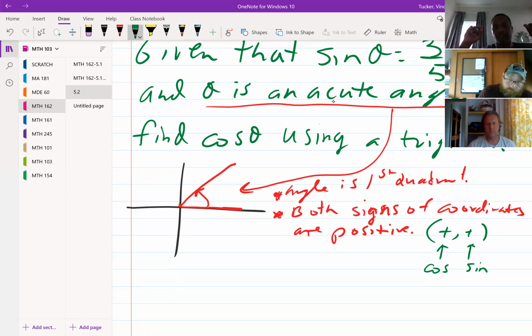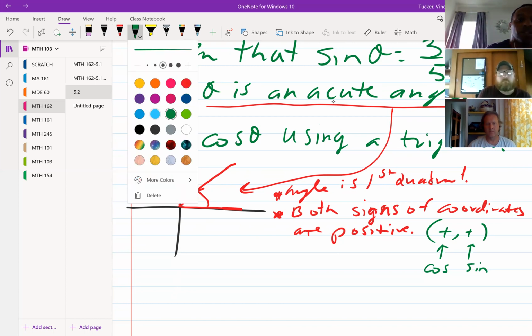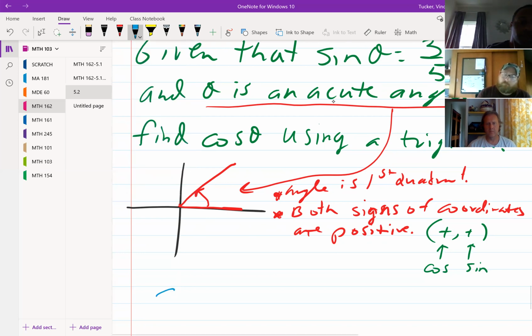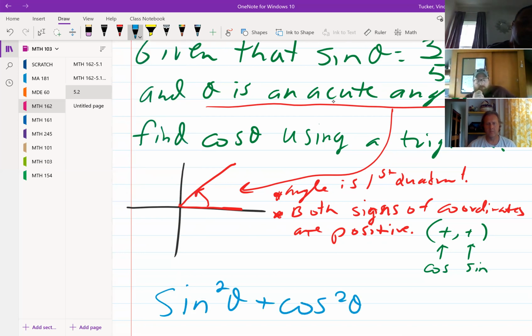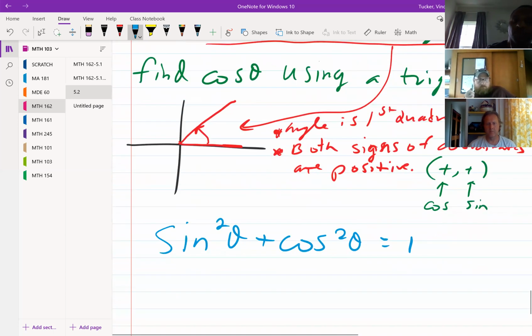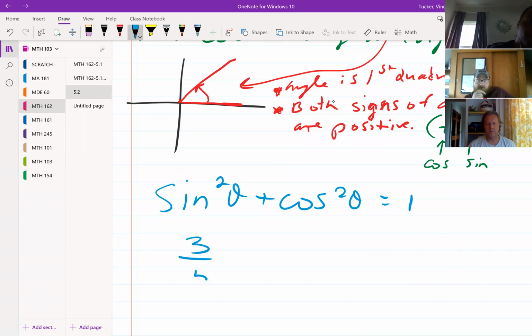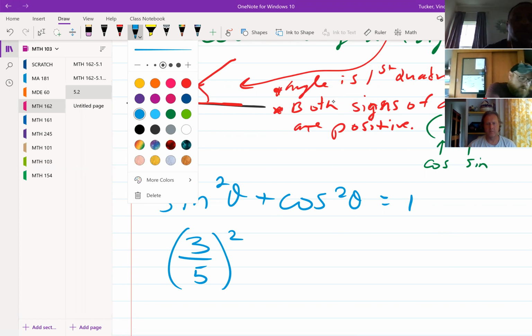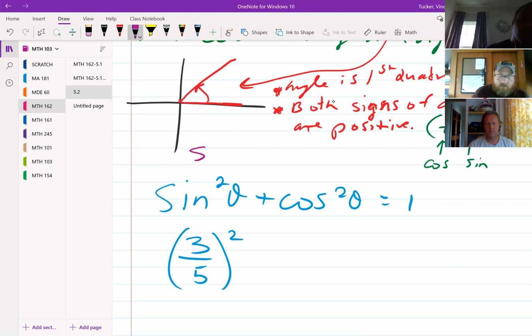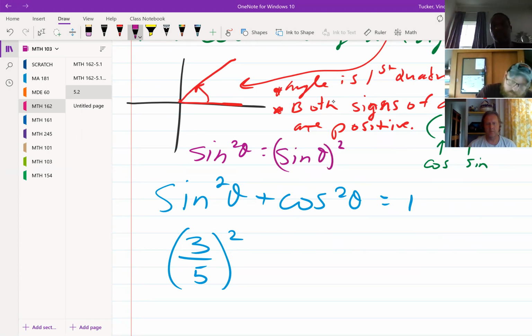All right, so the only Pythagorean identity that involves sine and cosine is sine squared plus cosine squared equal to 1. And sine is equal to 3/5. I didn't emphasize this, but sine squared theta and sine theta squared are the same thing.